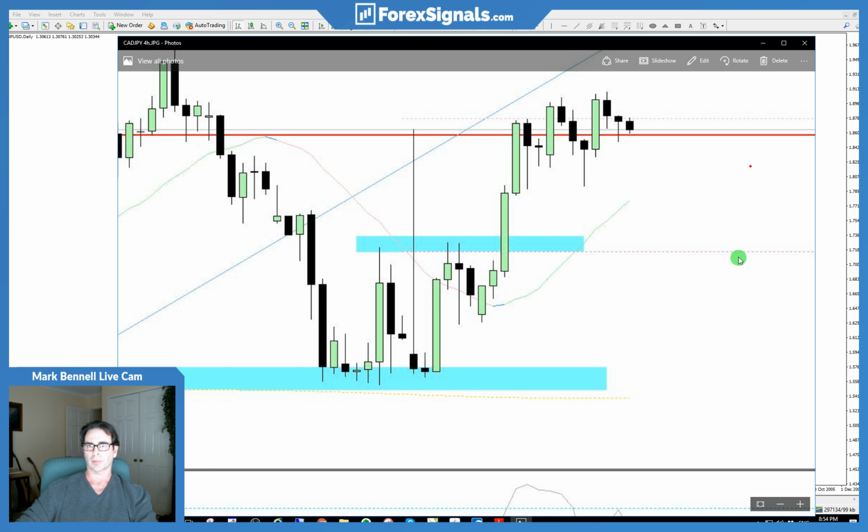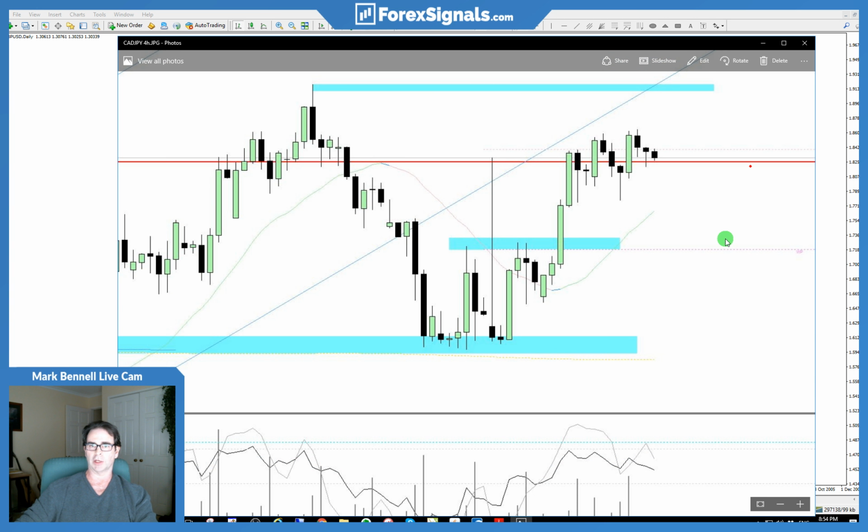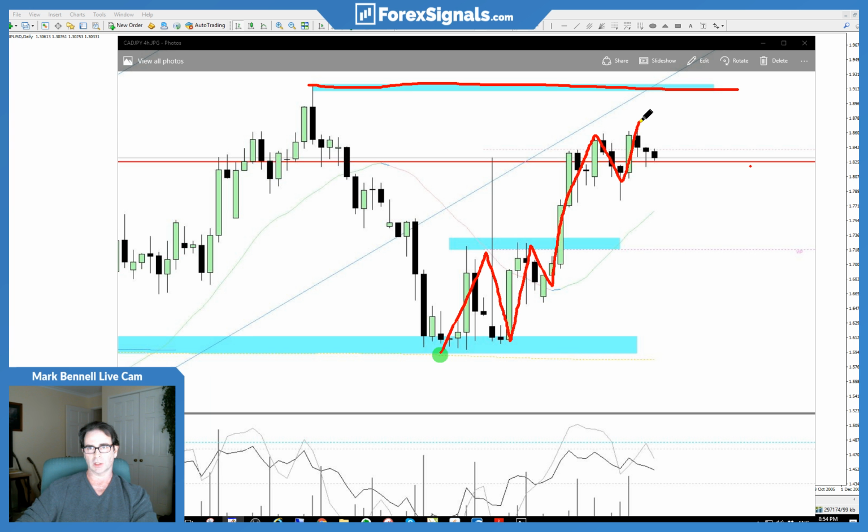Now, the only thing with this one that I don't like, and I'm going to highlight it, is I don't like this pattern when it is too far up the trend. So to me, where this is appearing, it's just a little too extended.